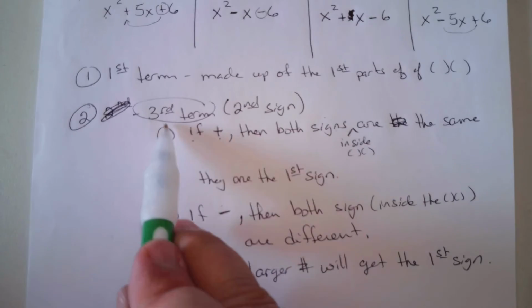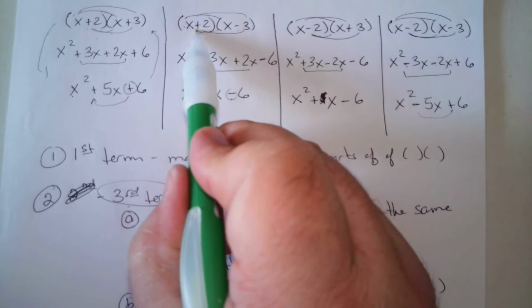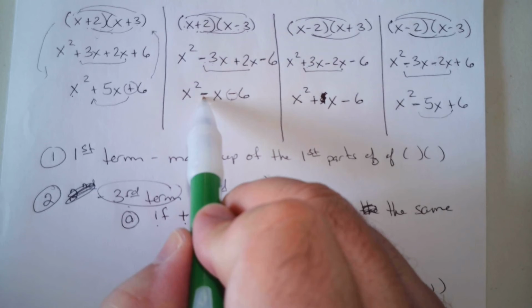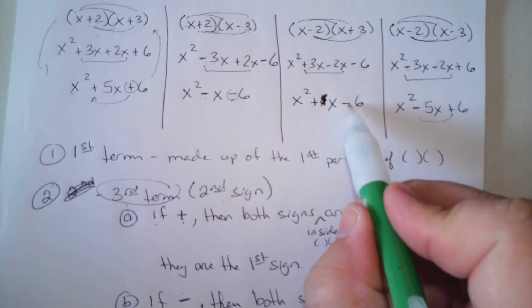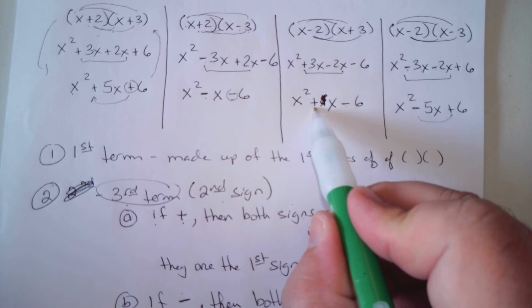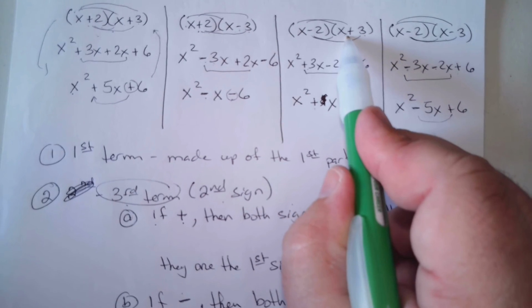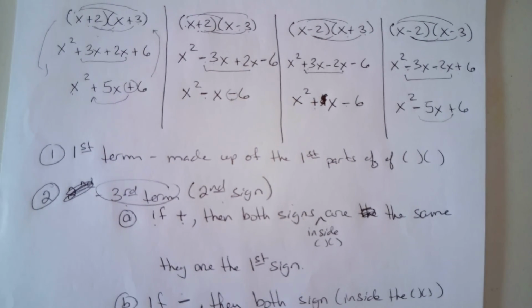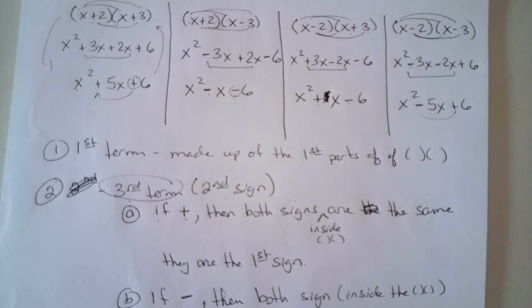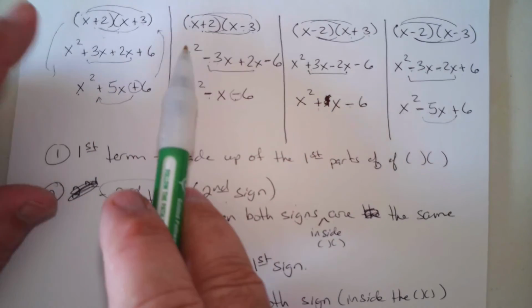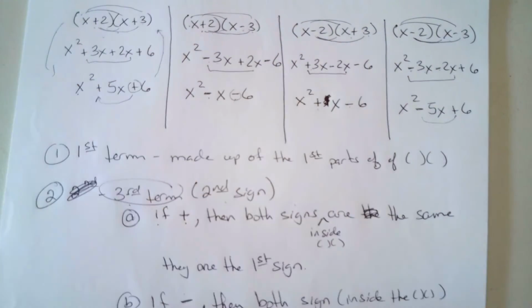If the second sign is negative, that means the signs are opposite, plus minus, and the bigger number gets the first sign. So it's a negative, so 3 gets a negative. Second sign's a negative, first sign's a plus, so I have different signs, and the bigger number gets the plus. So whenever we have a factoring problem, we can tell pretty much what the shape of it is going to be. Now comes the hard part. Now comes the math part.